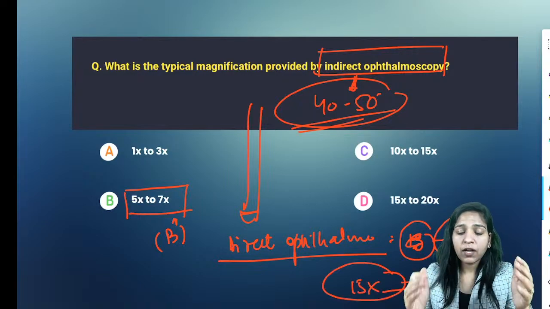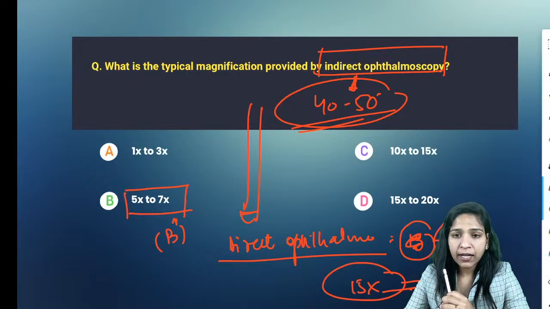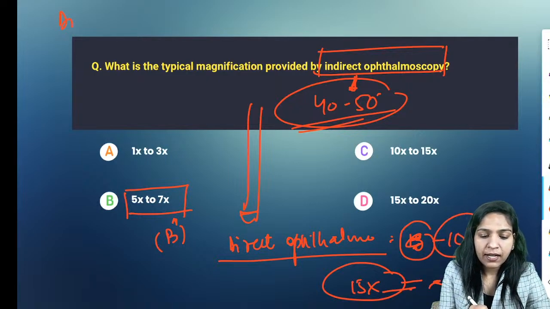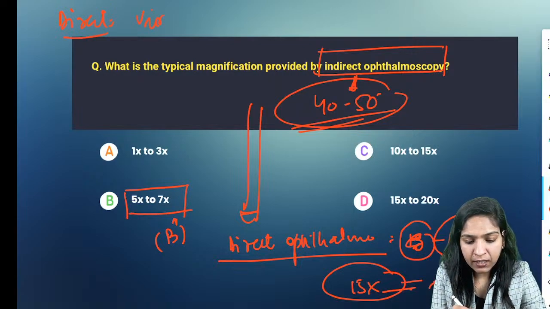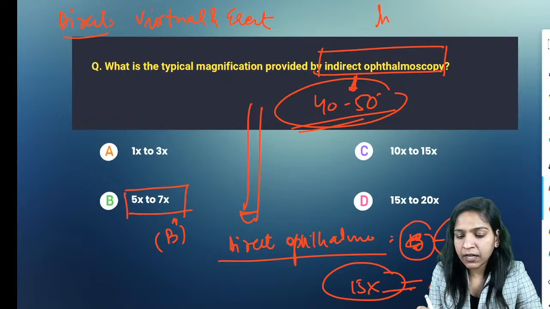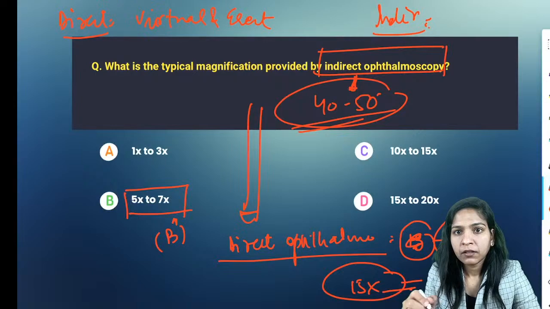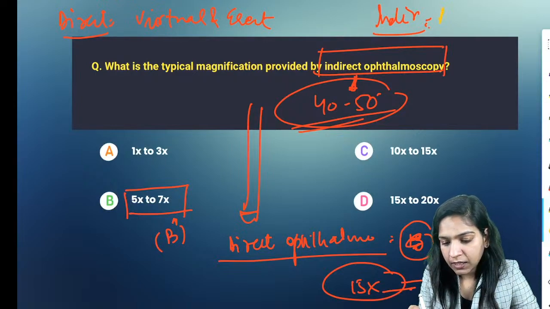Understood? Now some more differences between indirect and direct ophthalmoscopy. In direct ophthalmoscopy, the image is virtual and erect. In indirect, it is real and inverted.